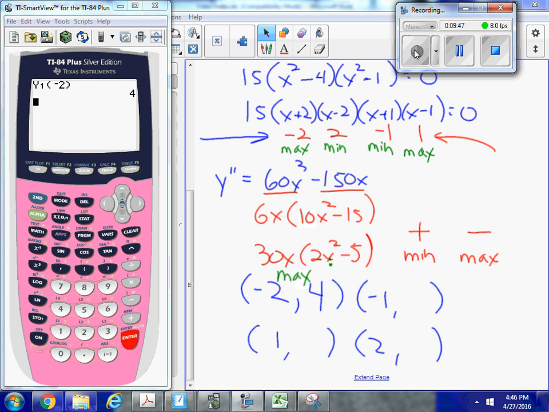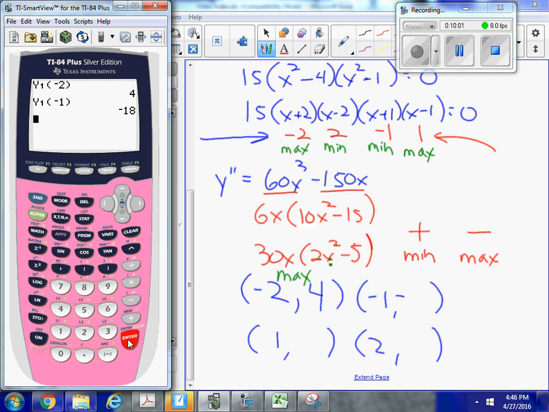What about -1? Alpha f4, y1, I want to evaluate that for -1. I find out it is -18. So negative 1, negative 18. And we already determined that negative 1 was going to be a min. What about 1? Alpha F4, Y1, evaluate it for 1.